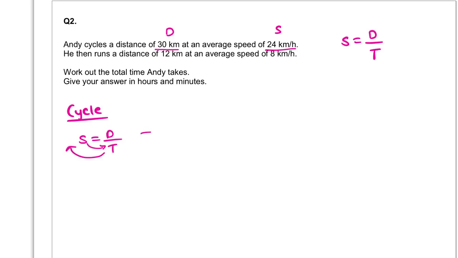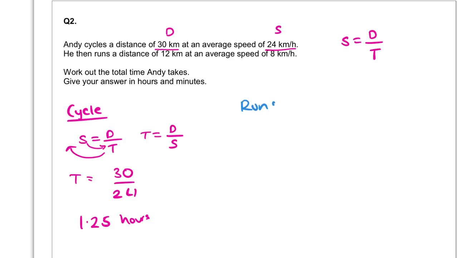So, time equals distance over speed. Okay, so our time is 30 divided by 24. 30 divided by 24 into your calculator is 1.25. Remember, this is in hours, isn't it? Okay, we'll come back to that in a second.